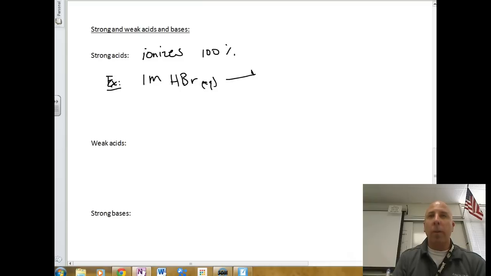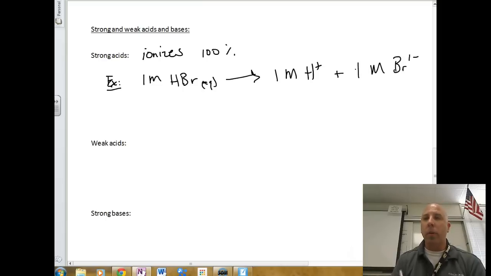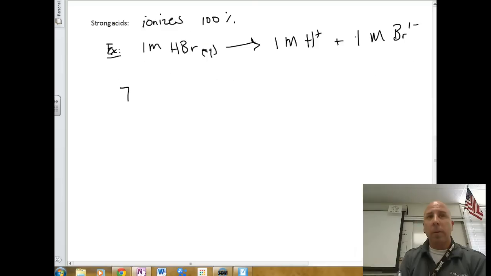What's going to happen is that is going to ionize into 1 molar of the hydrogen ions plus 1 molar of the bromide ions. Complete and total ionization occurring there. So that's really important. Now, there are 7 strong acids that we need to know.